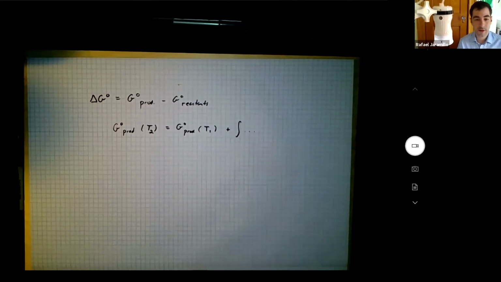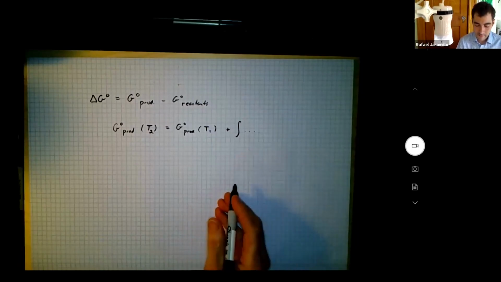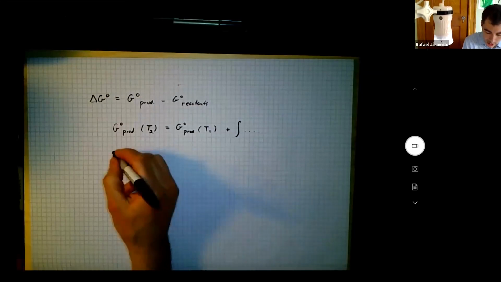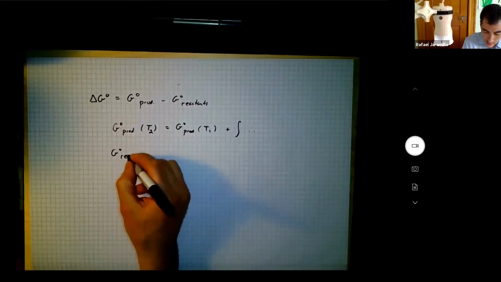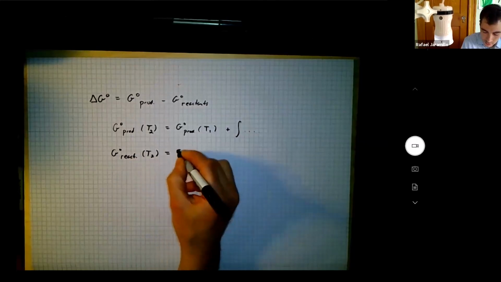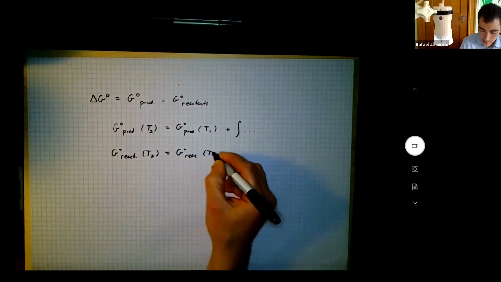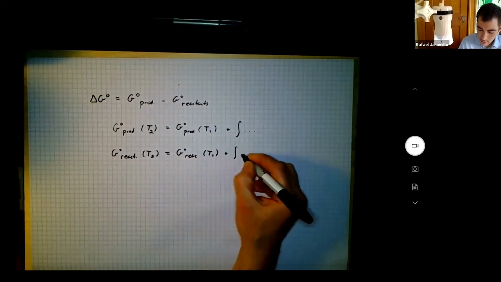We've done those integrals already. We know how to do those integrals. For instance, you integrate entropy or temperature or something like that. G naught reactants at some temperature 2 equals G naught reactants at some temperature 1 plus integrals.